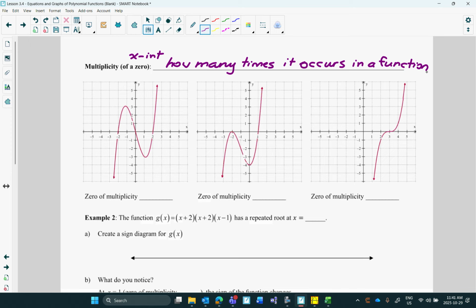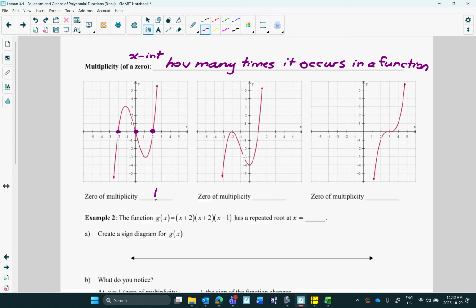So all of these, this 0, and this 0, are all multiplicity 1, because they just go straight through. Like this goes straight through, this goes straight through, this goes straight through. But notice in the second one, this doesn't go straight through, does it?